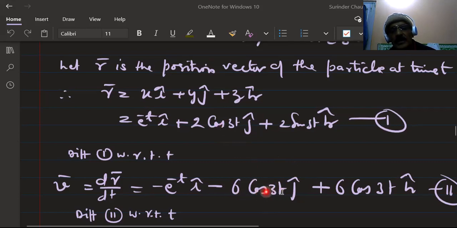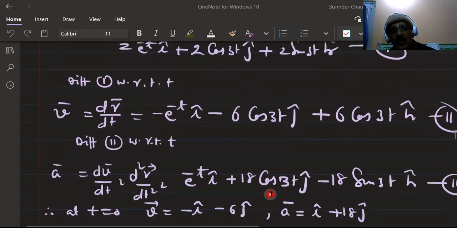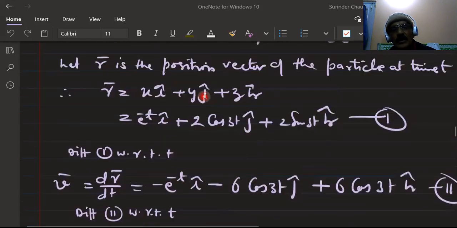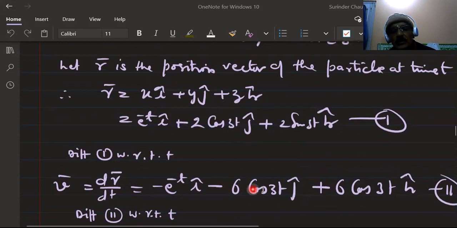It should be minus sin, the problem is wrong otherwise. And d/dt of sin 3t is cos 3t, and d/dt of 3t is 3, so this is equal to 6 cos 3t. So this is the velocity.